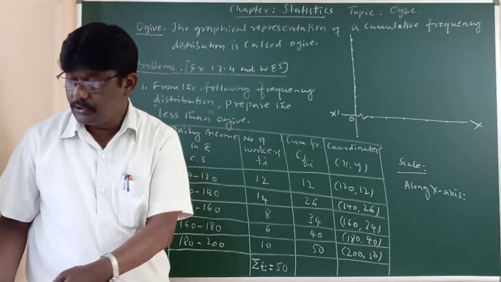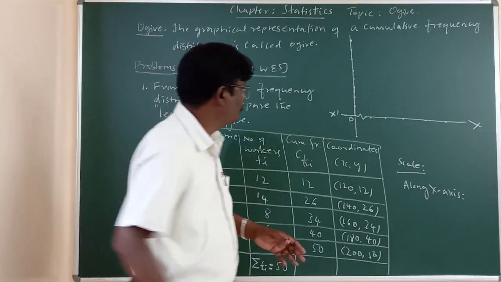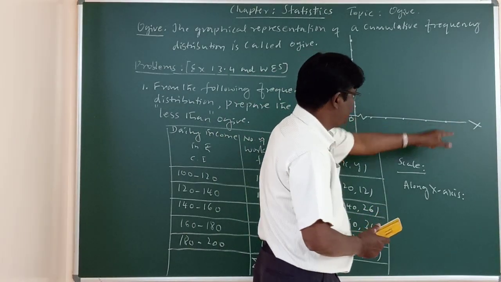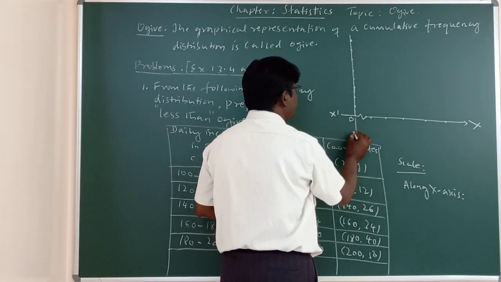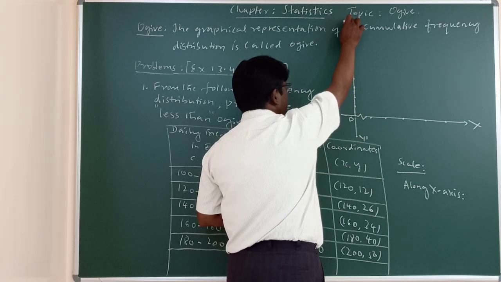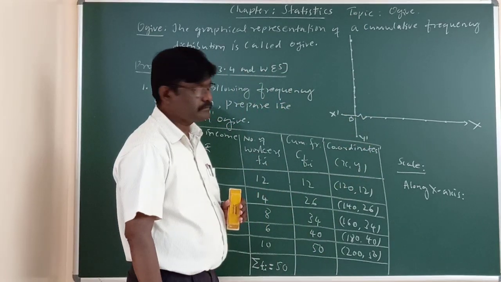Okay children. Now, like this, x dash O x is x axis, and then y O y dash is y axis.